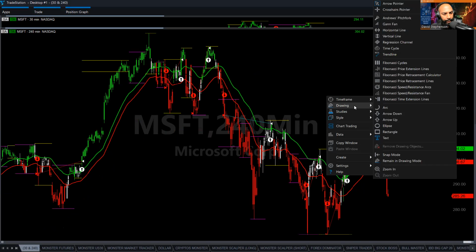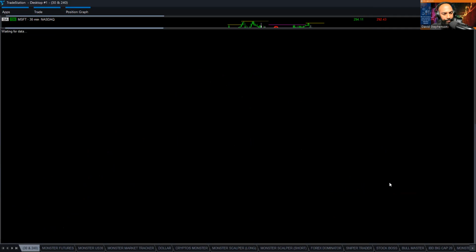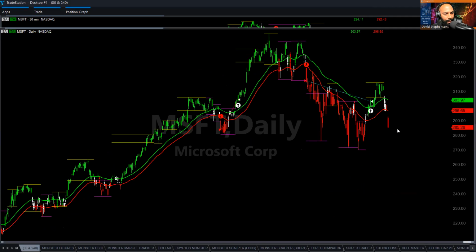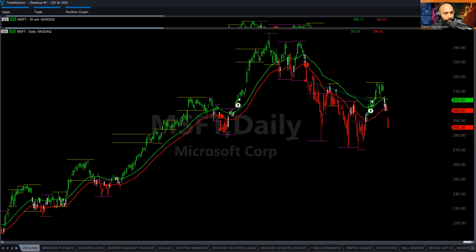Let's take a look at the daily. Sometimes we can be too cautious, you know. Sometimes you just have to go for it. So here is the daily time frame. Sometimes it's good to bring out the daily if you trade on the 4-hour time frame. Boy, it did come down today, didn't it?